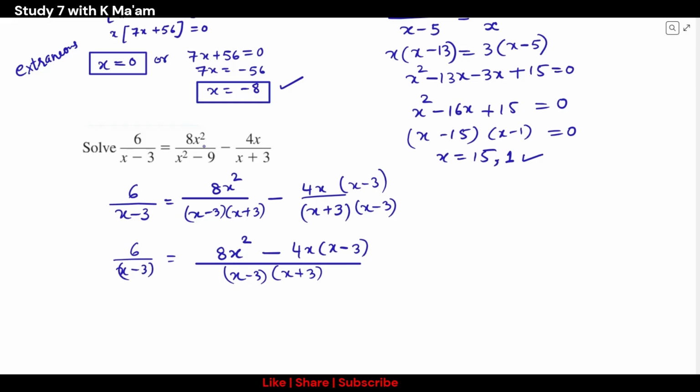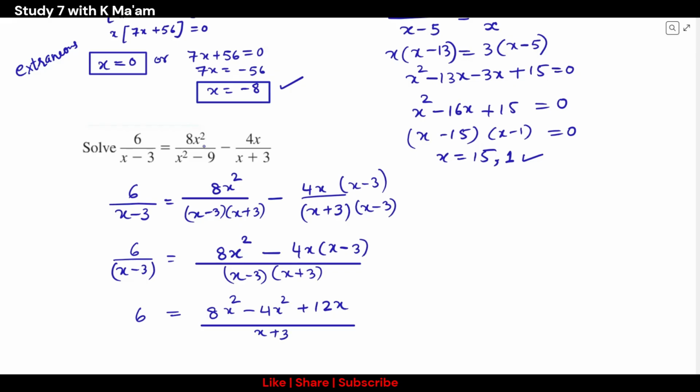Okay, then what we can do, x minus 3 is common on the left side and x minus 3 is common on the right side, both in the denominator, so just cancel out. We're left with 6 equals 8x cube minus 4x cube plus 12x over x plus 3.